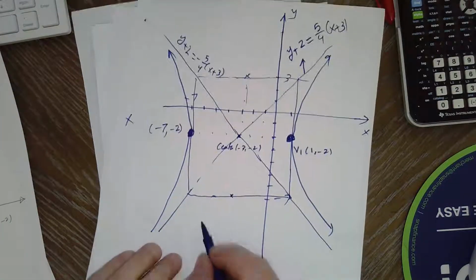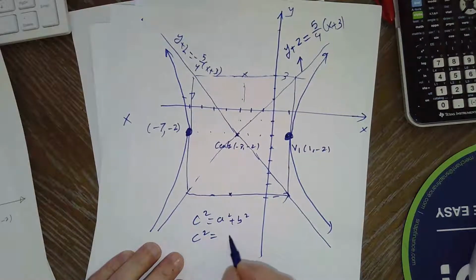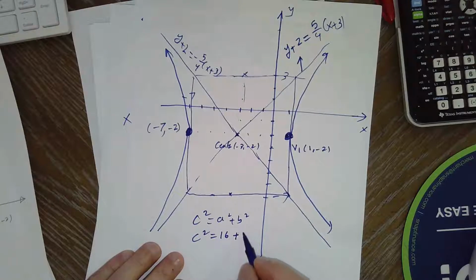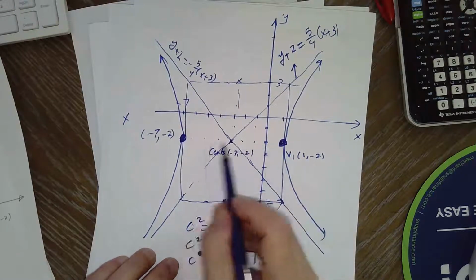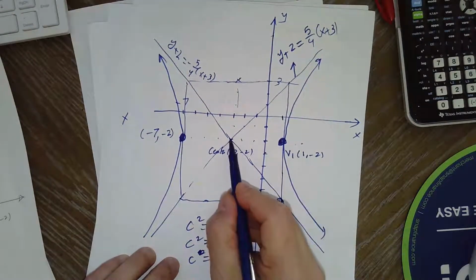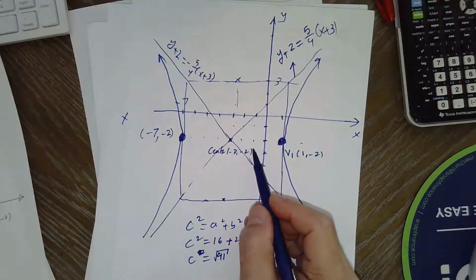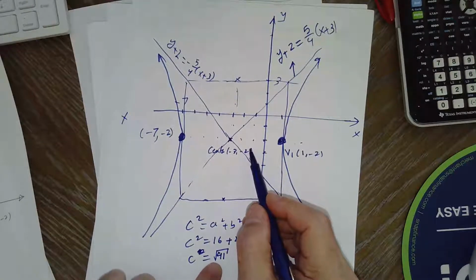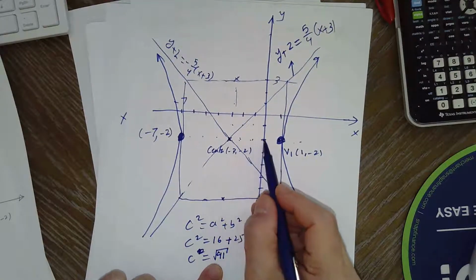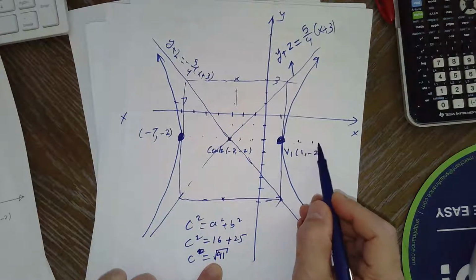And the foci: c squared is a squared plus b squared. A squared is 16 and b squared is 25, so c squared is 41 and c is square root of 41. So they're going to be inside the box diagonals' opening. We start at the center. The square root of 41 is between 36 and 49, so it's about 6.5. 1, 2, 3, 4, 5, 6.